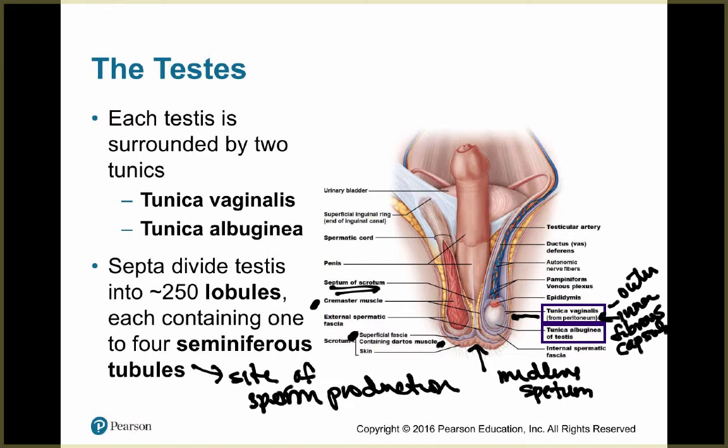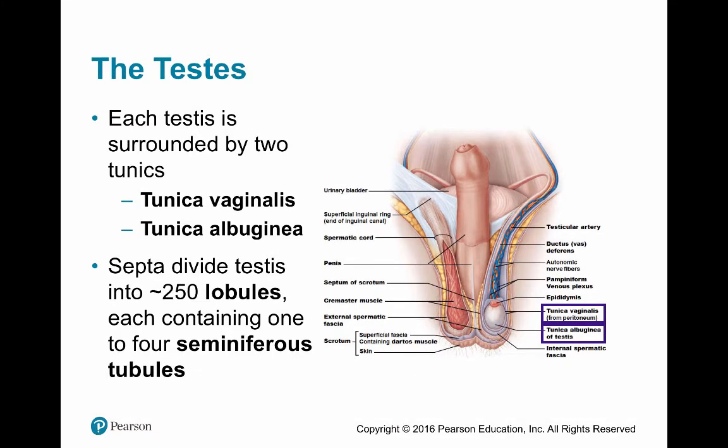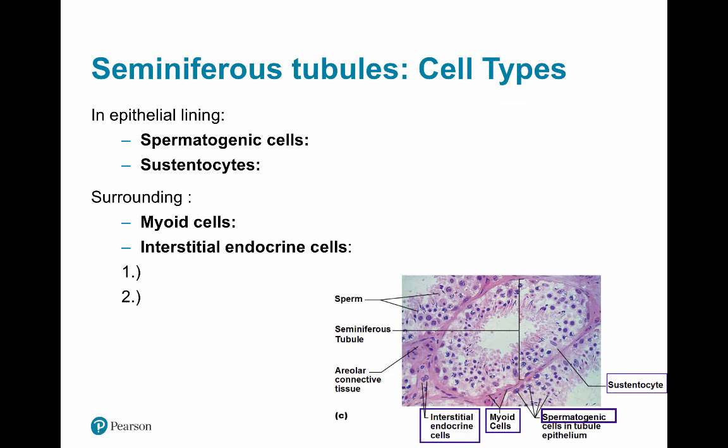Now, let's take a little bit of a look. In a few minutes, we're going to get closer into the testes so that you can see these lobules and the seminiferous tubules. But first, we're going to talk about what important cells are within the seminiferous tubules that help with the production of sperm itself. You can see this whole picture here.